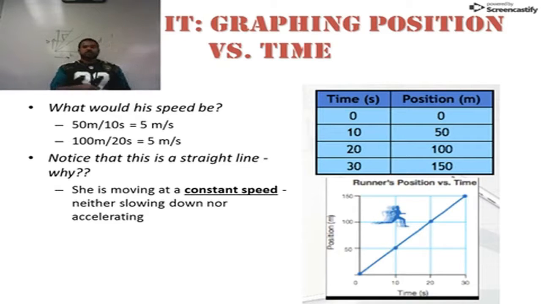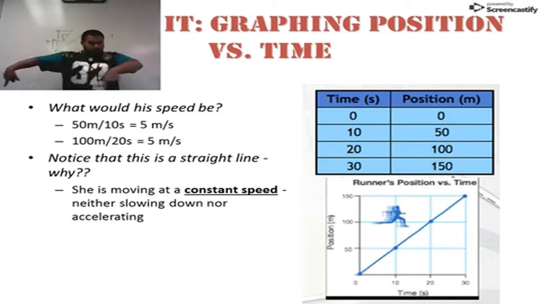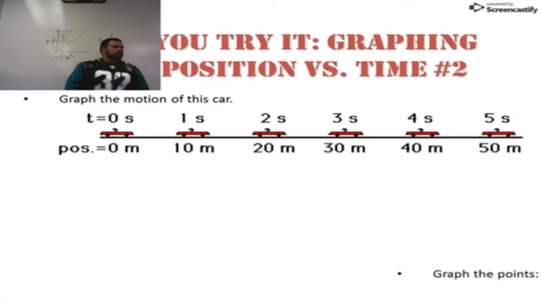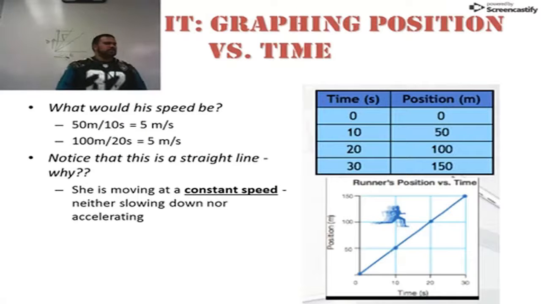So your graph should come out looking like the one that's on the screen here. I think I'm in the top left, so down here somewhere if you're looking. There you go. So you can then find his speed as he moves. Every 10 seconds, he moves 50 meters.